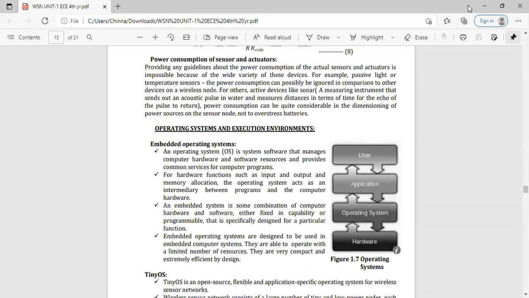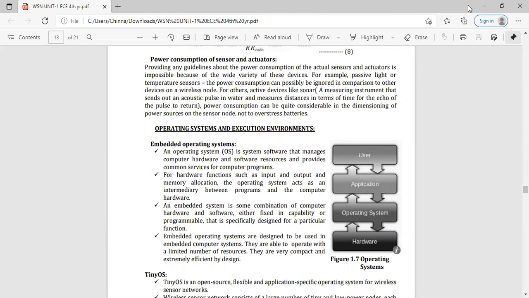For others, active devices like sonar: a measuring instrument that sends out acoustic pulses, sound pulses, in water and measures distance in terms of the time for the echo of the pulse to return. So power consumption can be quite considerable in the dimensions of the power source in the sensor node. So it depends on the application that the power consumption of the sensor and accumulator is decided.